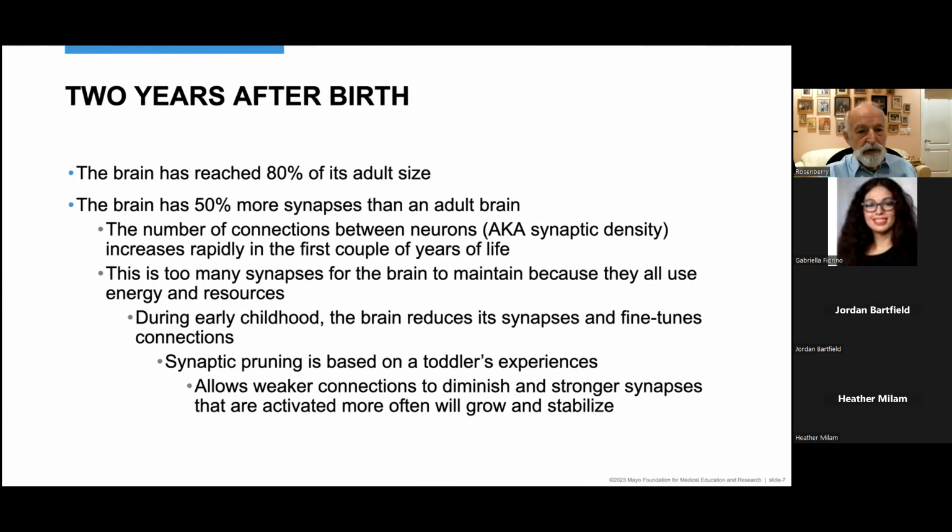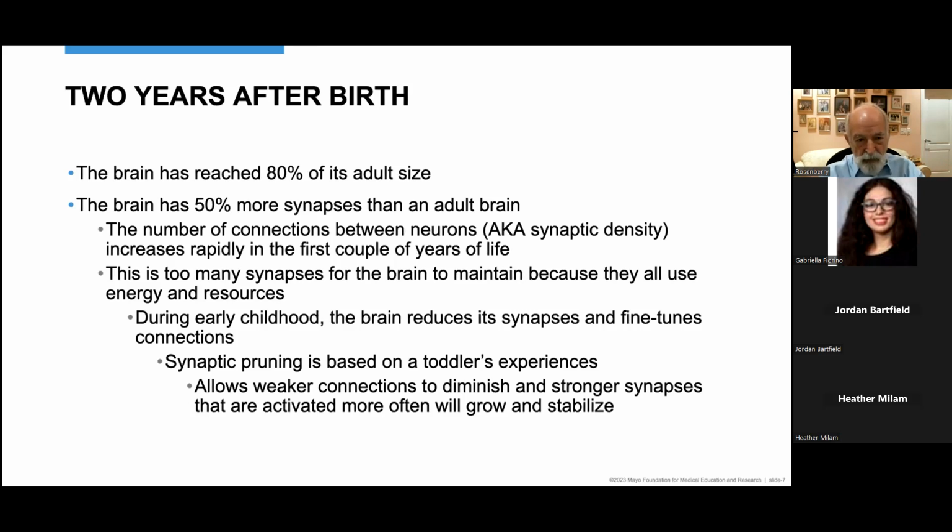2 years after birth, the brain has reached 80% of its adult size, 50% more synapses than an adult brain, and its number of synapses increase rapidly during the first couple of years of life.